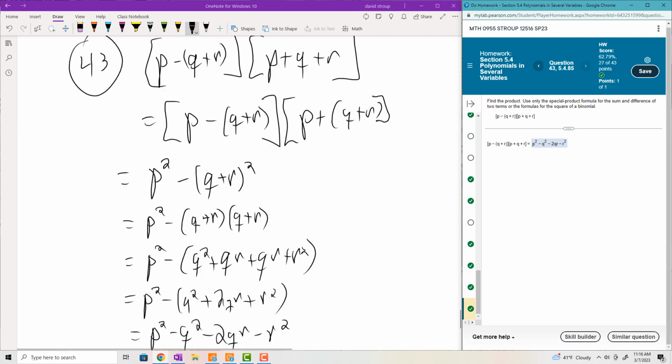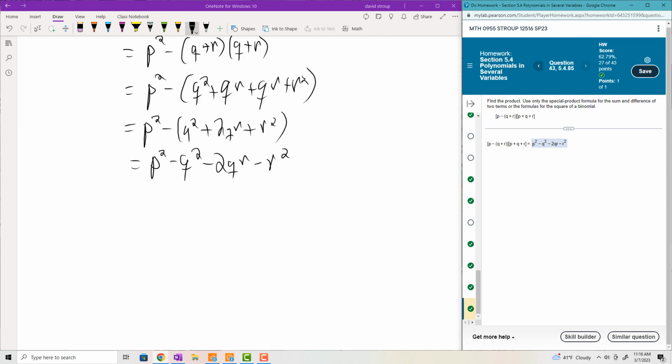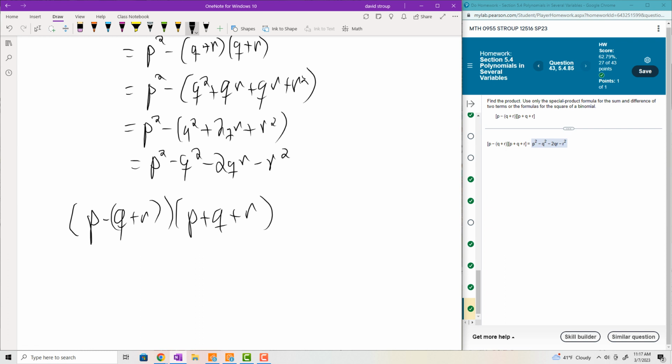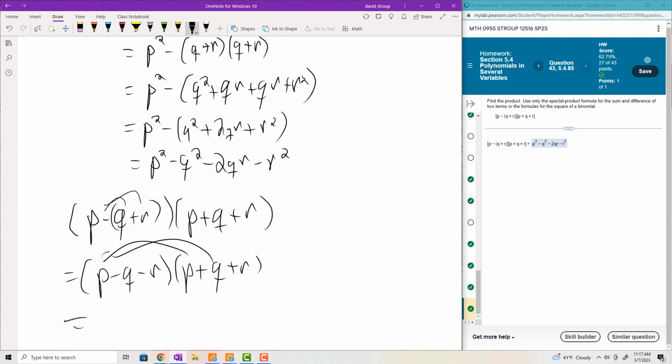And if you didn't get that, you just have to literally sit there and multiply them all out. So you'd have p minus q plus r times p plus q plus r. First you distribute, and then you have this triple distribution, right?